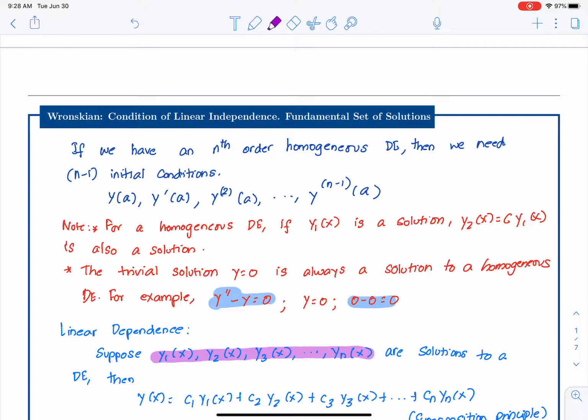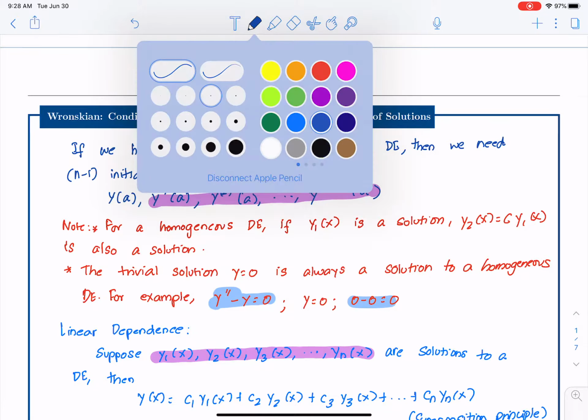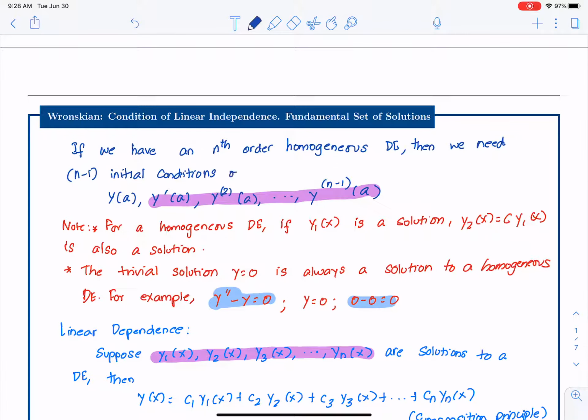So we have n minus 1 initial conditions on the derivatives, on the n minus 1 derivatives, and 1 on y itself.